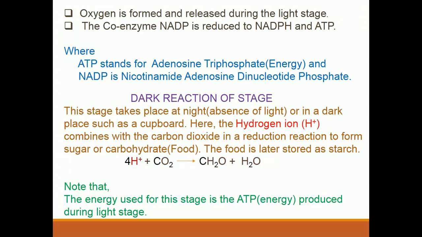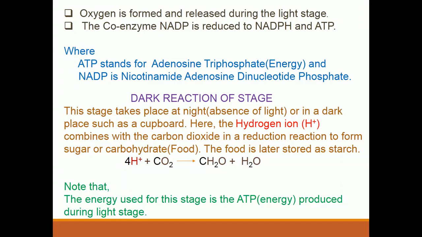Now, the dark reaction stage. This stage takes place at night or in the absence of light or in a dark place such as a cupboard. Here, the hydrogen ion combines with the carbon dioxide. Don't forget, photosynthesis involves using carbon dioxide and water. The water has to split in the light stage, so the carbon dioxide remains in the dark stage and is reduced.